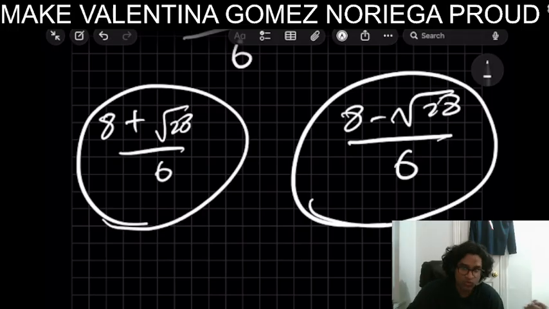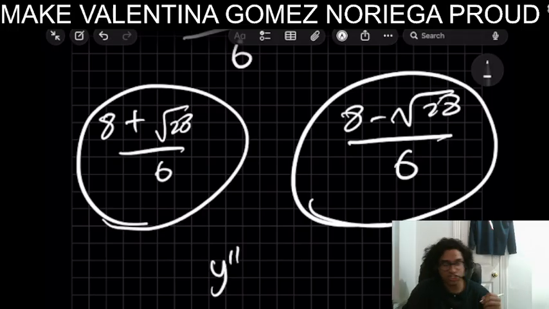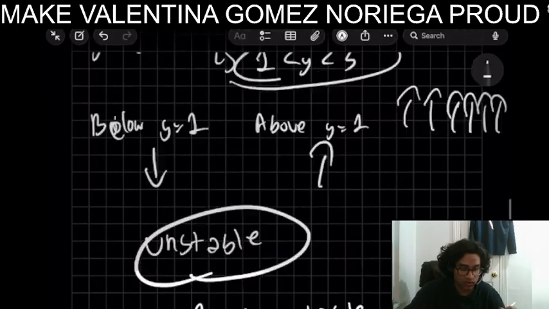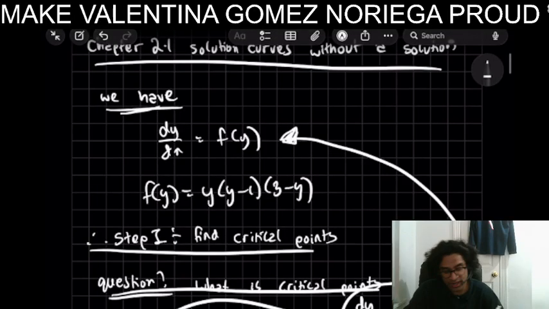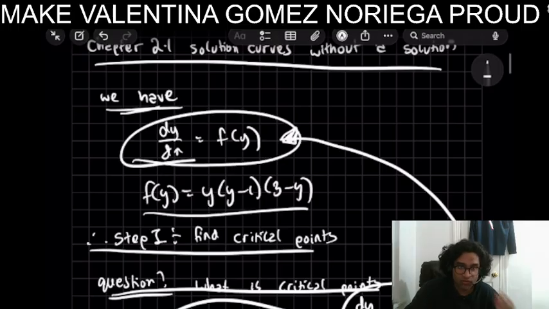And the only way we solve for the inflection point is by second differentiating. So far, we were given the first order differential equation as f of y. We will find the critical points.